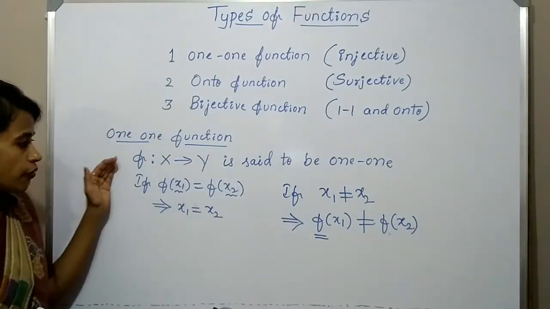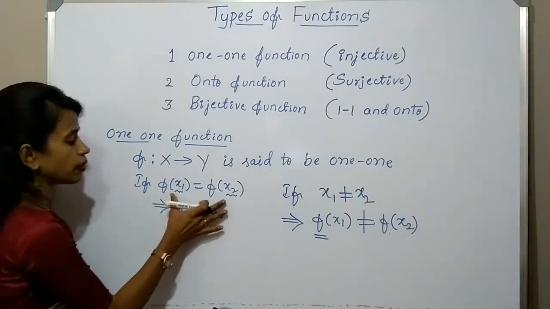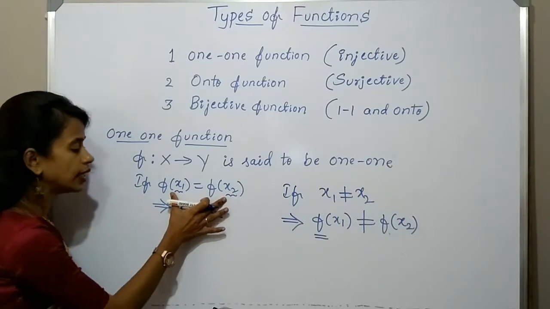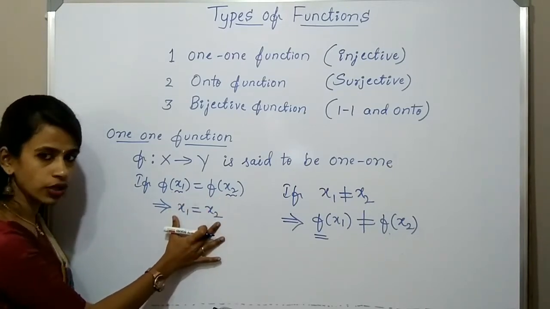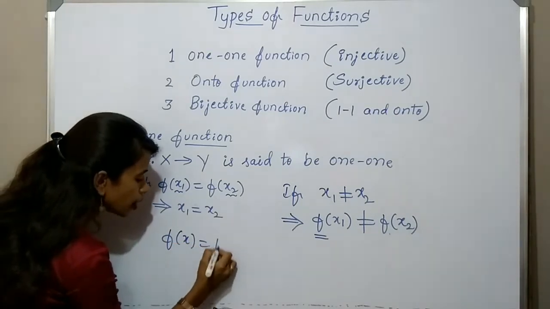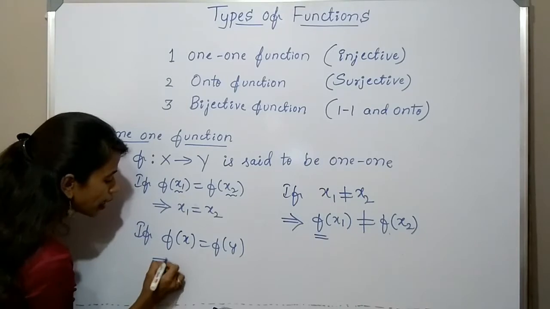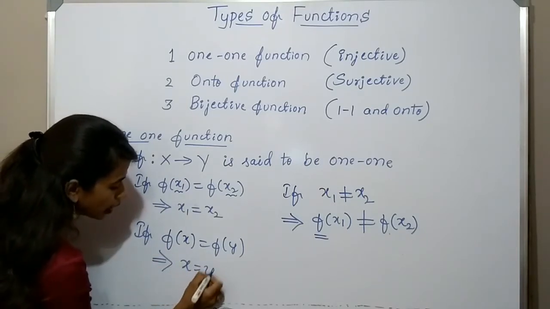A function f from X to Y is said to be one-one if, when f of x is equal to f of y, we get x is equal to y.